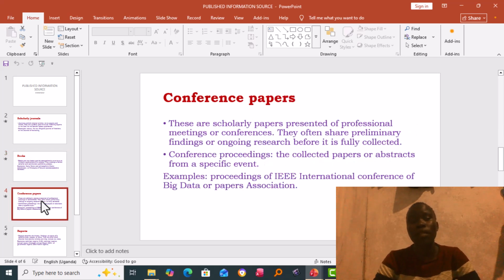Then the other thing, we have the conference papers. These are scholarly papers presented at professional meetings or conferences. They often share preliminary findings or ongoing research before it is fully collected. They can give you an overview before the final collected research. Conference proceedings are the collected papers or abstracts from a specific event.